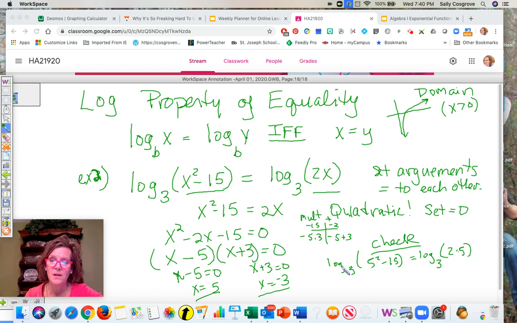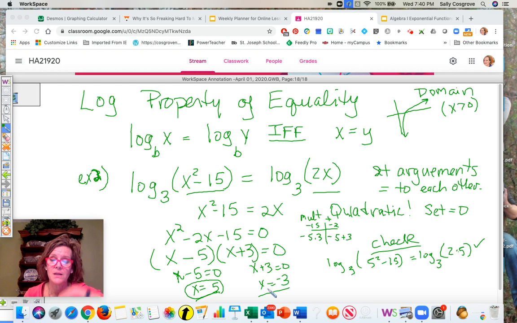So the log base 3 of 10 equals the log base 3 of 10. Does that work? Heck yeah. Okay, so that checks.